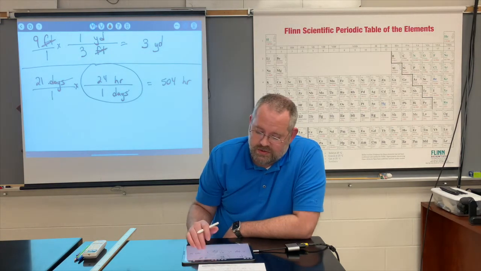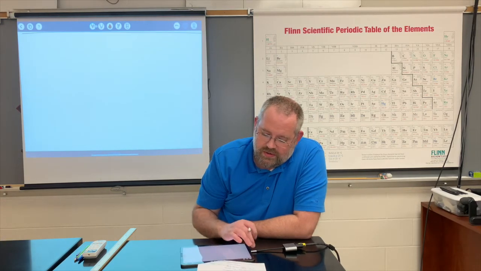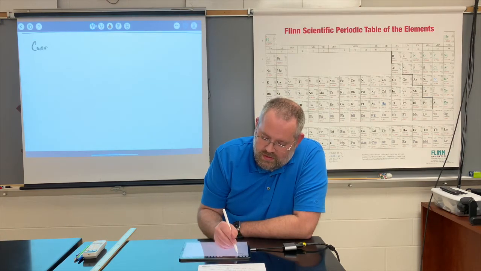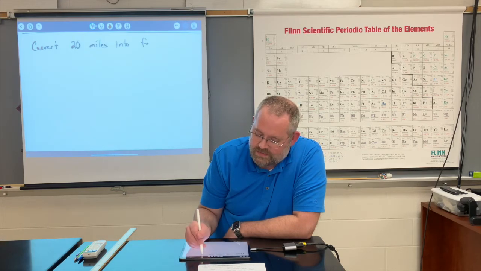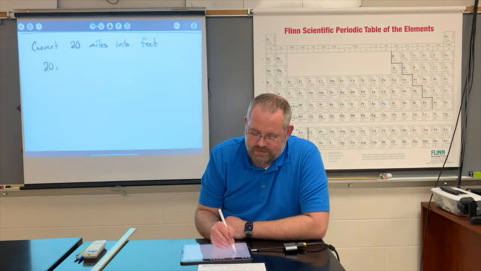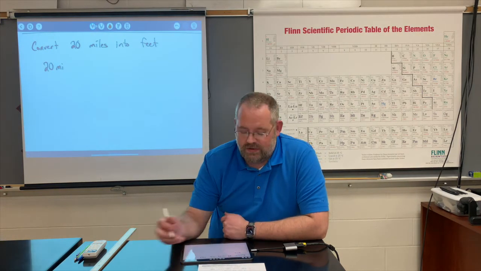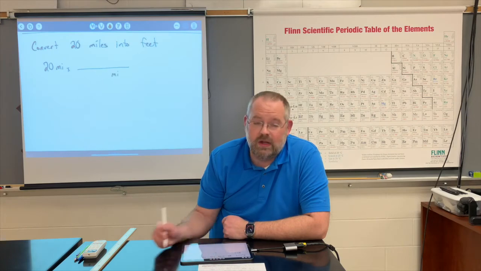Okay, so let's do a slightly more difficult one. Let's go with convert 20 miles into feet. So I was given 20 miles, okay? And I want to turn that into feet. So again, whatever you are getting rid of, put in the denominator.